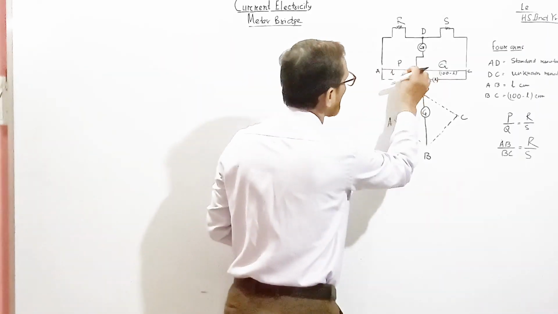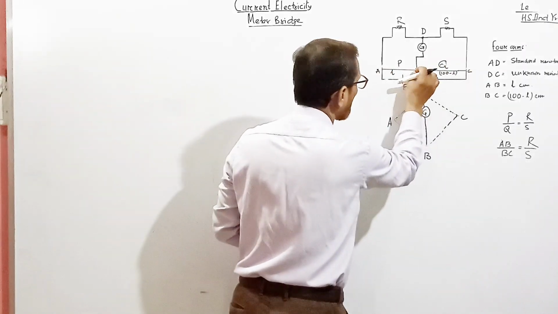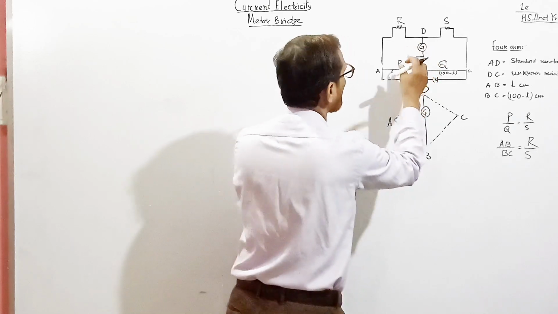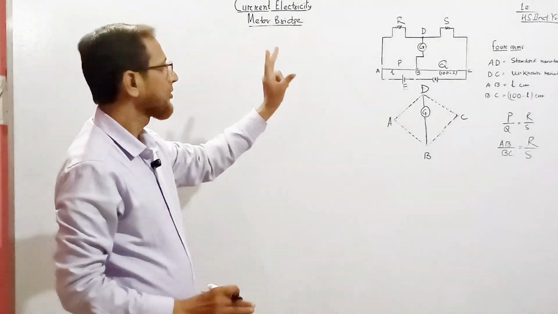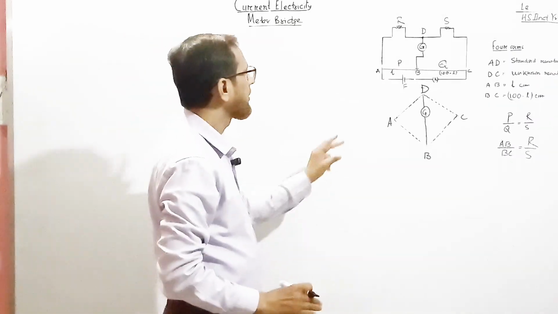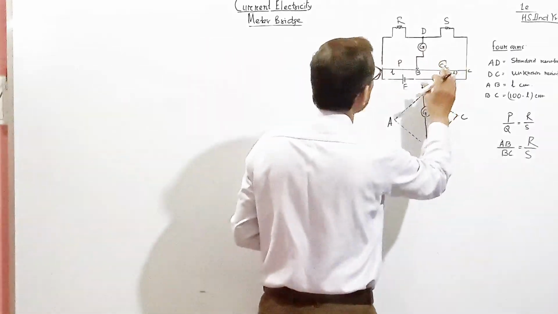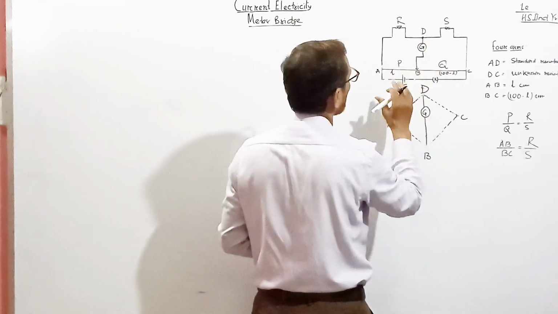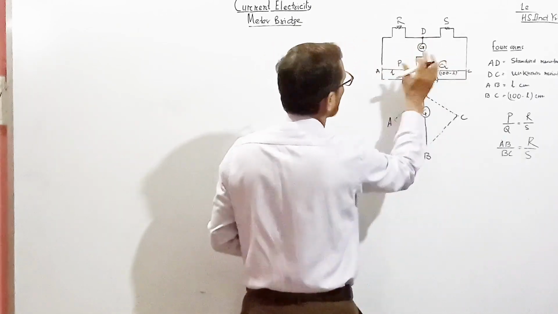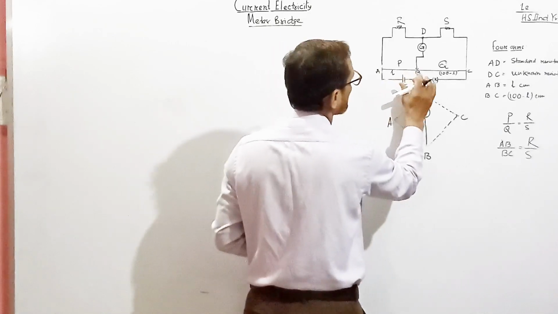So at a certain point on AC, say at point B, G has no current, which means the four arms are in equal ratios. These four arms are AD, DC, AB and BC.